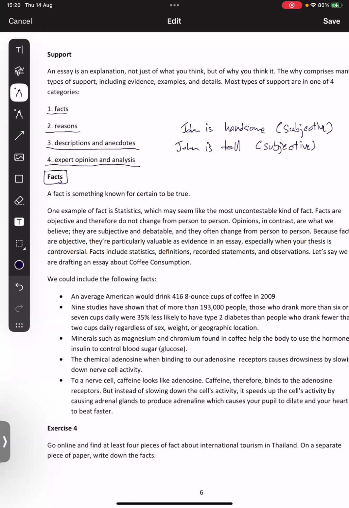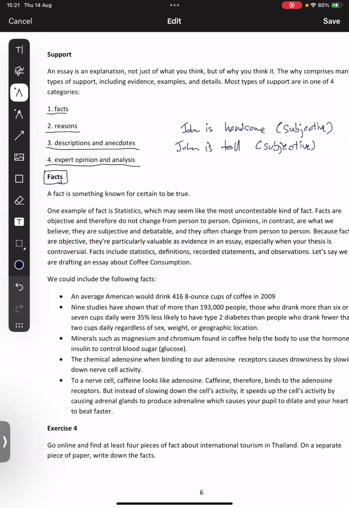So we can look at the height. If somebody's height is more than, say, 6 feet, 6 feet is equal to 180 centimeters, if somebody's height is above 6 feet, then he is tall. Now, in that case, this statement can be objective, but if we don't have any rules, then it's just subjective.